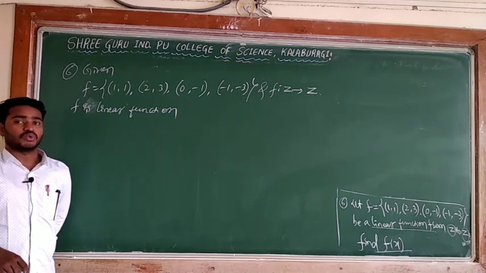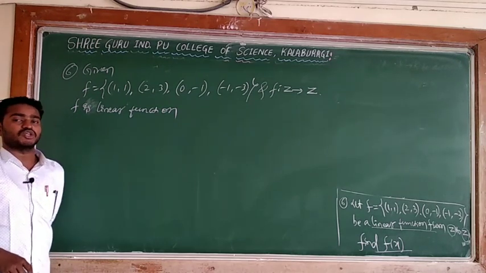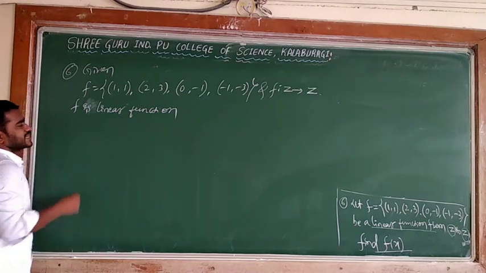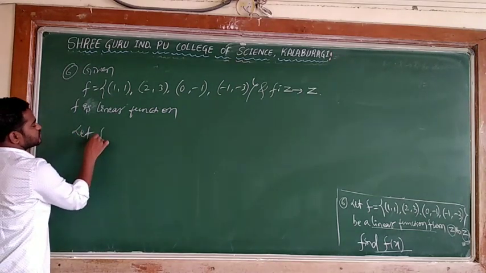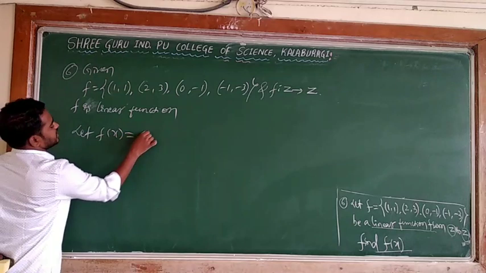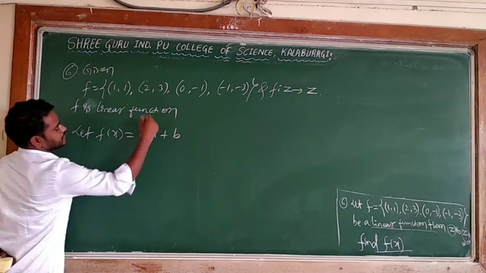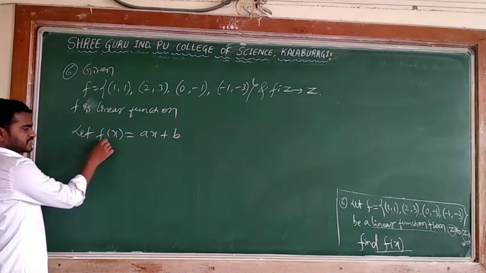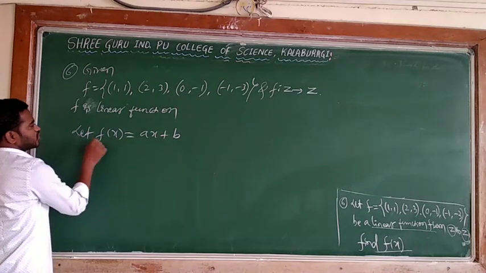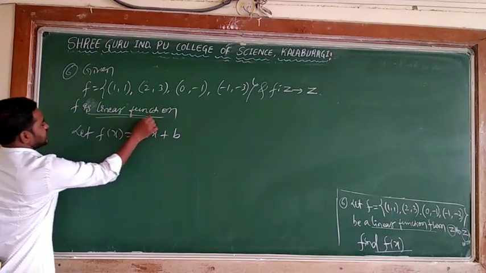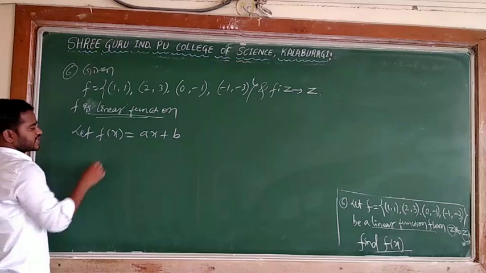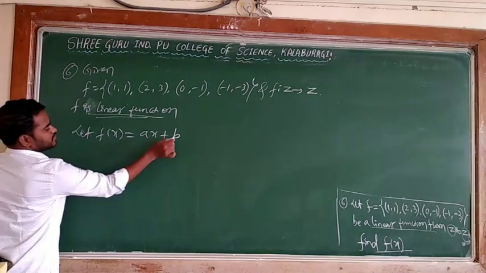If it has degree 2, quadratic. If it is 3, cubic. So linear function means let f of x be of which form? F of x is linear means ax plus b. Are you getting? F of x is equal to ax plus b. I am taking this because he has given f is a linear function, so I can assume f of x is equal to ax plus b.